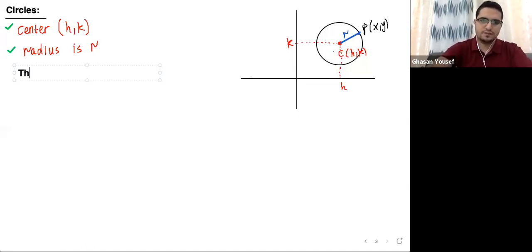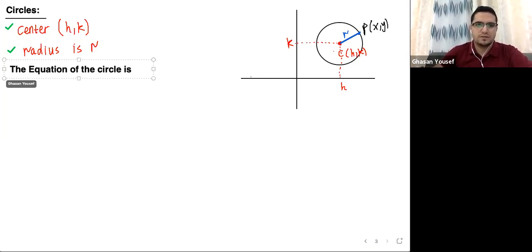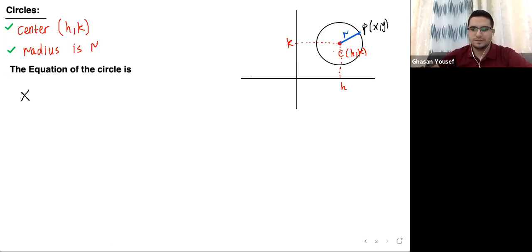Now the equation for the circle is: x, any point x, minus the x coordinate of the center.